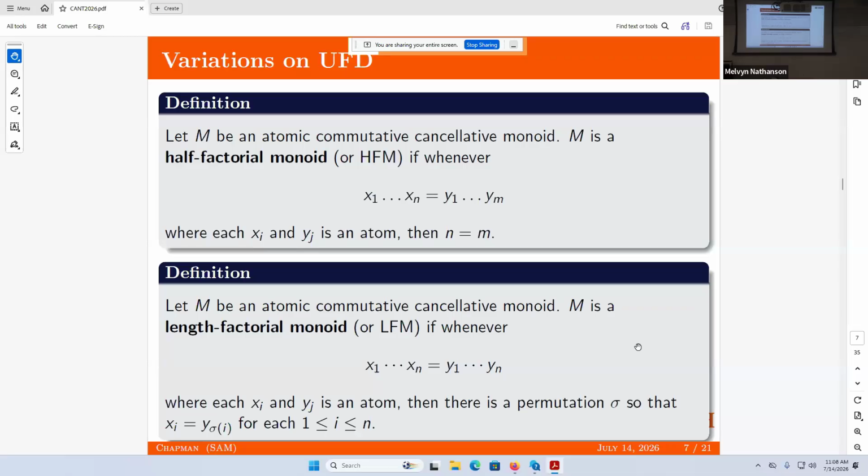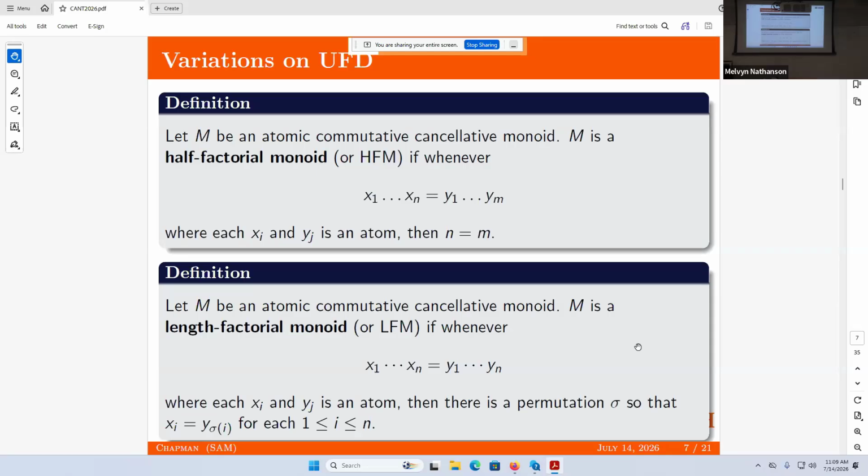Now, this is a less known kind of object that over the last 10 to 15 years has become an object of some study. And again, it's a little subtle, so look at this carefully. M is going to be called length factorial if whenever you do have two factorizations of the same length, they're identical.